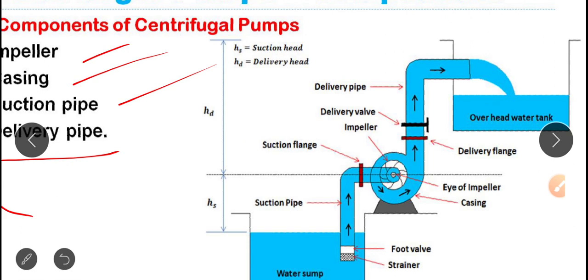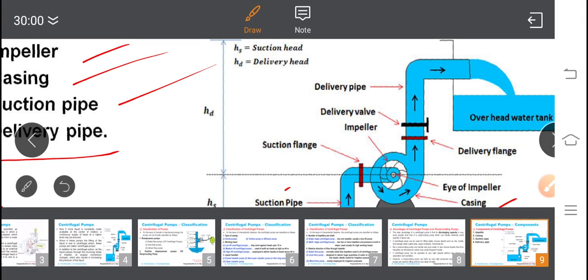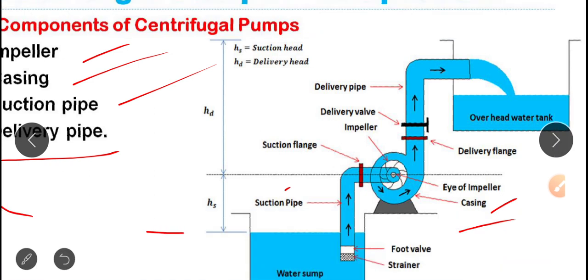That's all. Next, this is casing. Then, eye of the impeller, vanes, suction flange. Here, suction flange. This is the suction pipe. The head from the sump level, you can see, from the sump level up to the eye level of the centrifugal pump is known as HS, suction head.